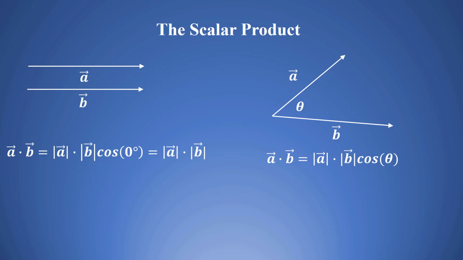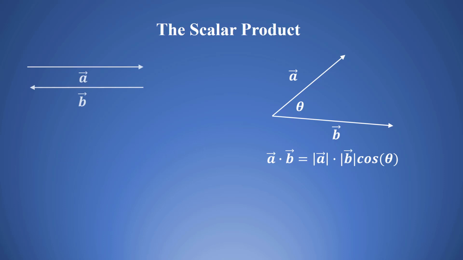The second case, if two vectors are in opposite directions, then the dot product, do you guess what it is? Yeah, actually it's the multiplication between the two magnitudes with the minus sign, because the cosine of pi or 180 is equal to minus 1.